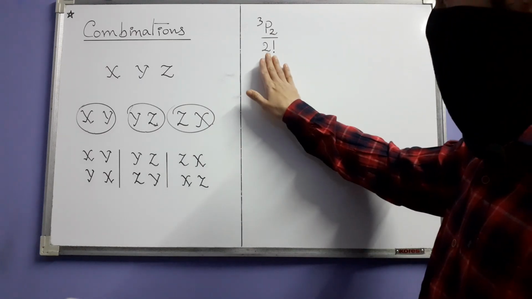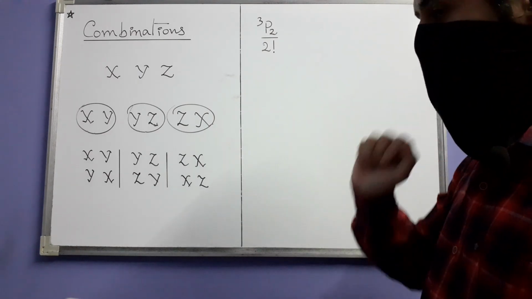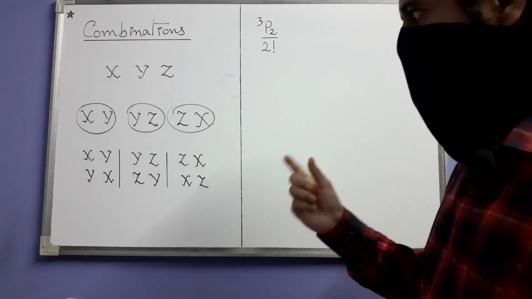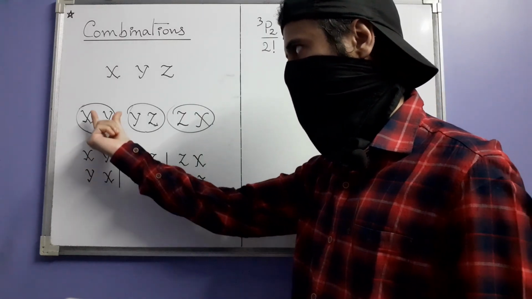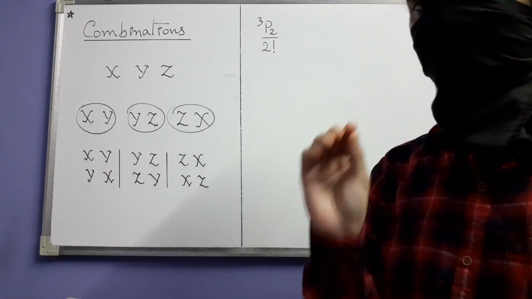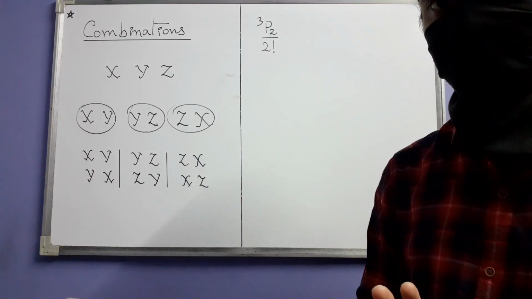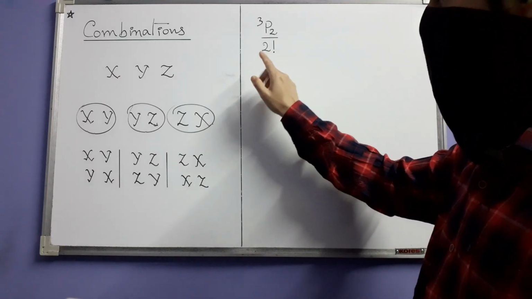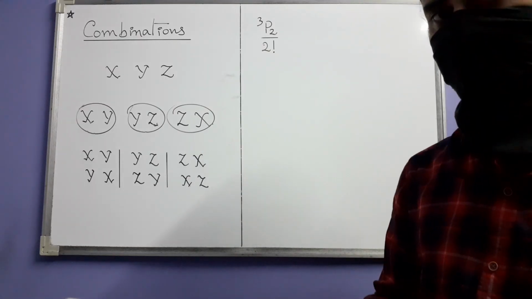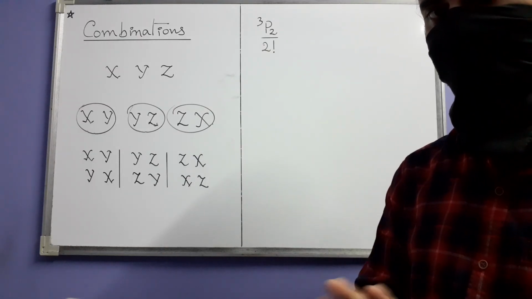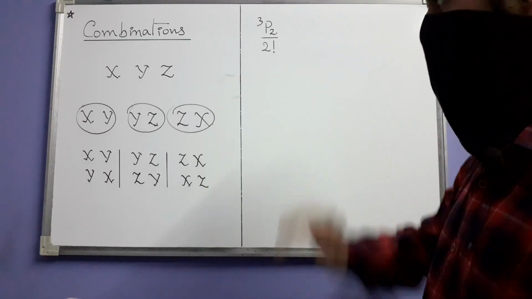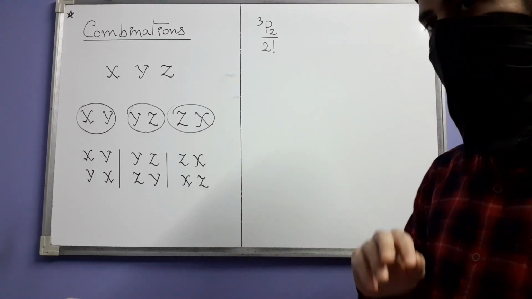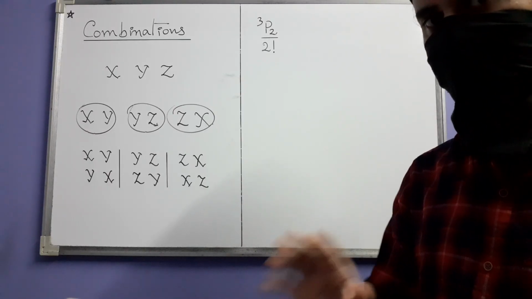That's why we have to divide by 2. This 2 is, however, what? This 2 is the number of ways of arranging the objects in a single group, which we don't want. That is why here we are dividing by 2. In general, it will be r factorial if in a group there are r objects, so I have written 2 factorial. Now we are going to see more examples of this type so that it becomes clear.